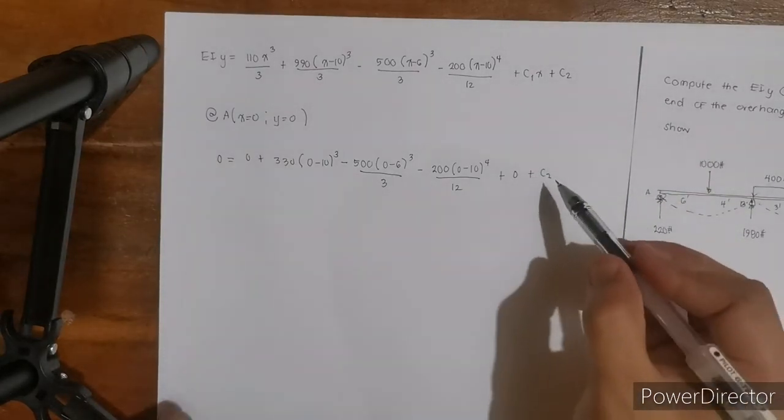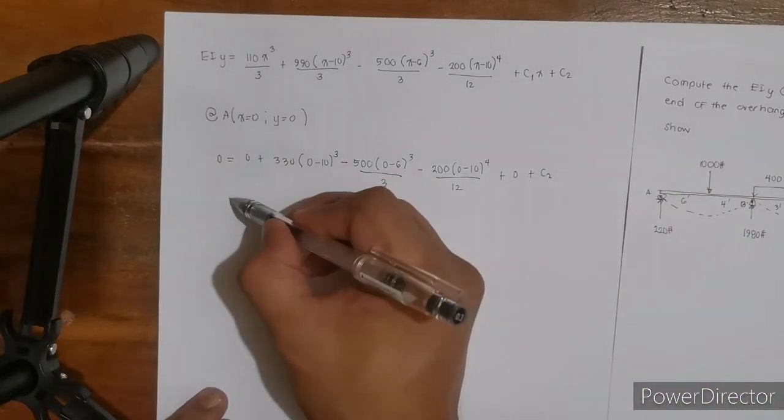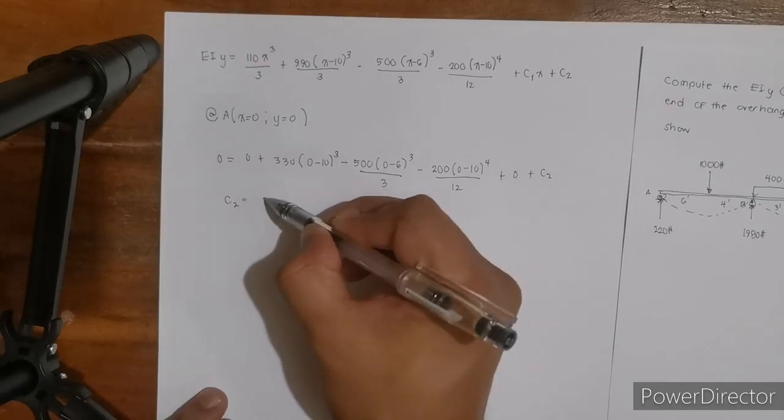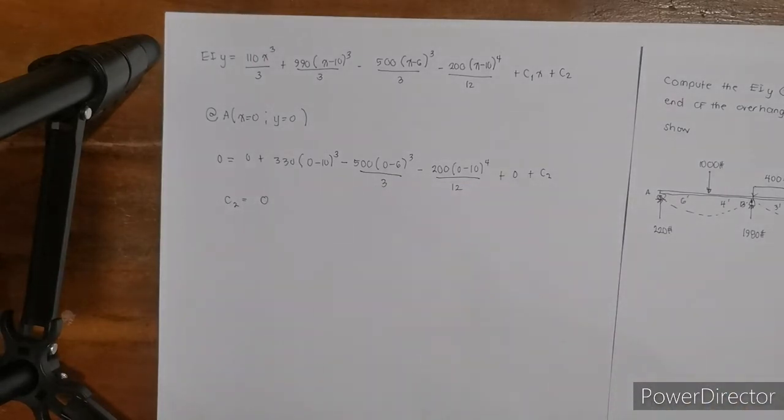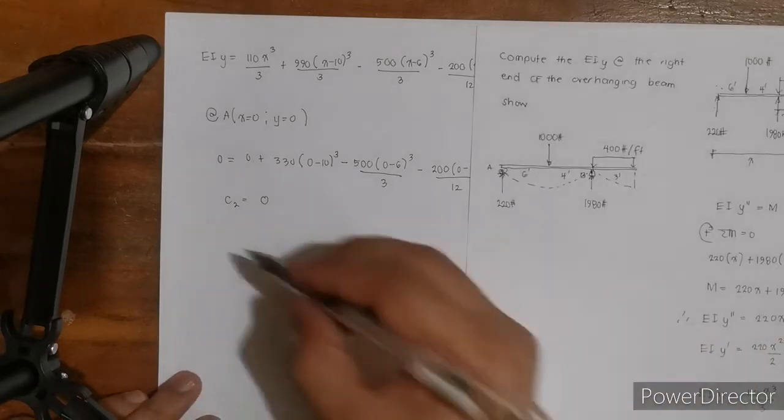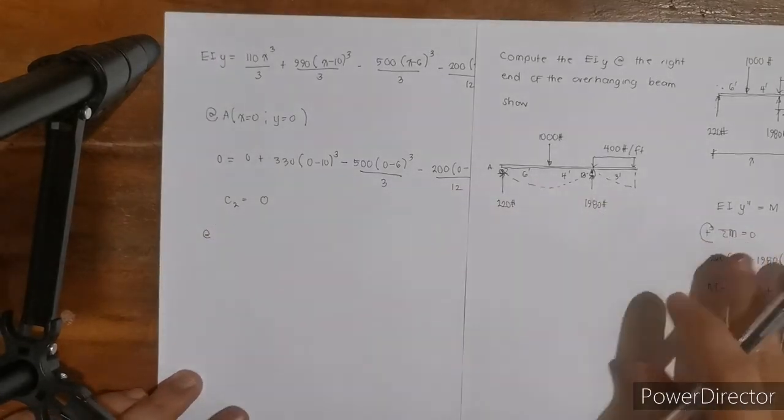So, makukuha na natin value ng C2. Calculator lang yan guys, and you will get C2 equivalent to 0. Okay, meron tayong C2. Analyze natin ulit yung deflection form natin.